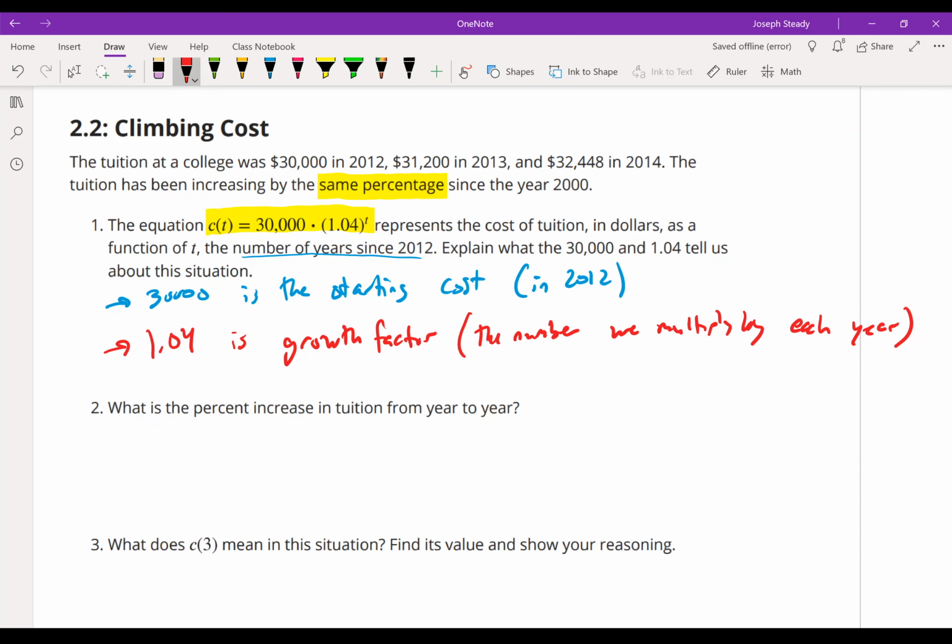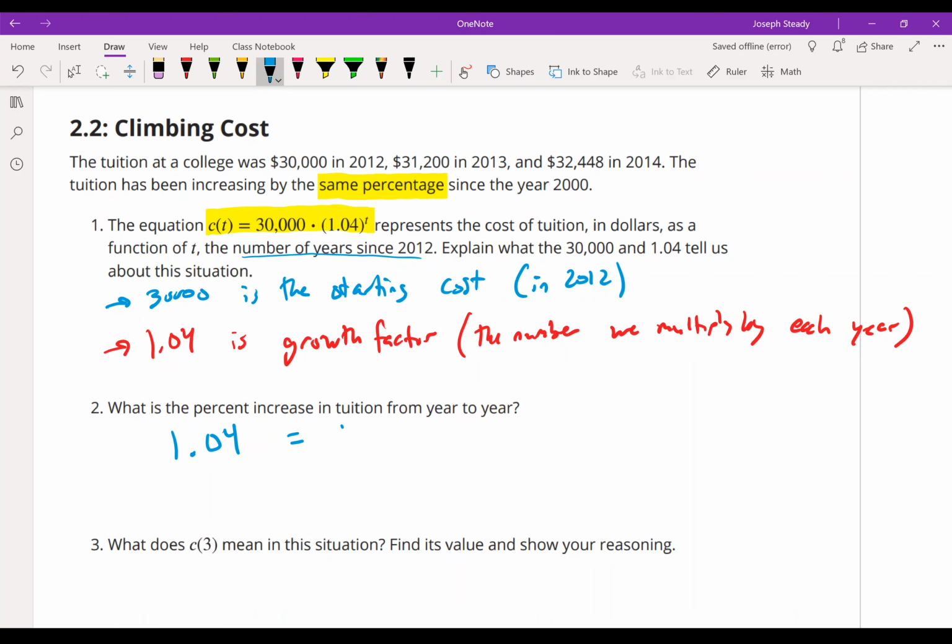Moving on a little bit. What is the percent increase in tuition from year to year? Well, 1.04 is telling us how our number changes. It tells us we're multiplying by 1.04 each time. Like we had to do in the last problem to figure out where that 3/4 came from, I'm going to break down this 1.04 a little bit.